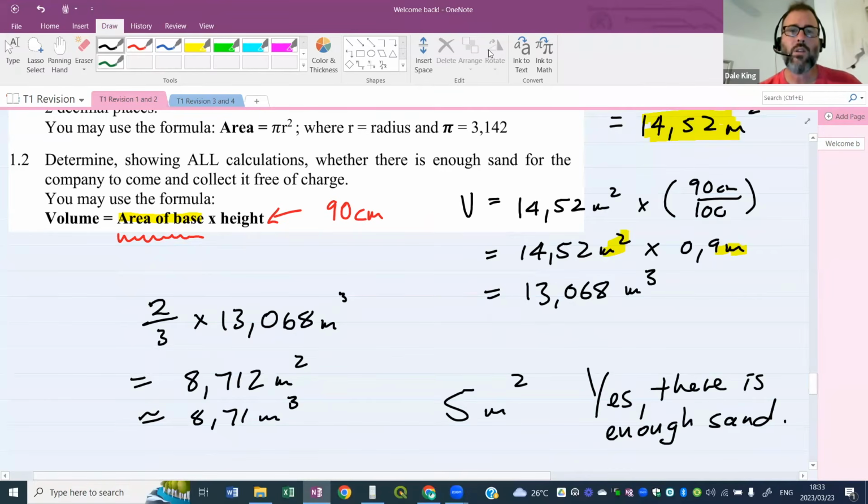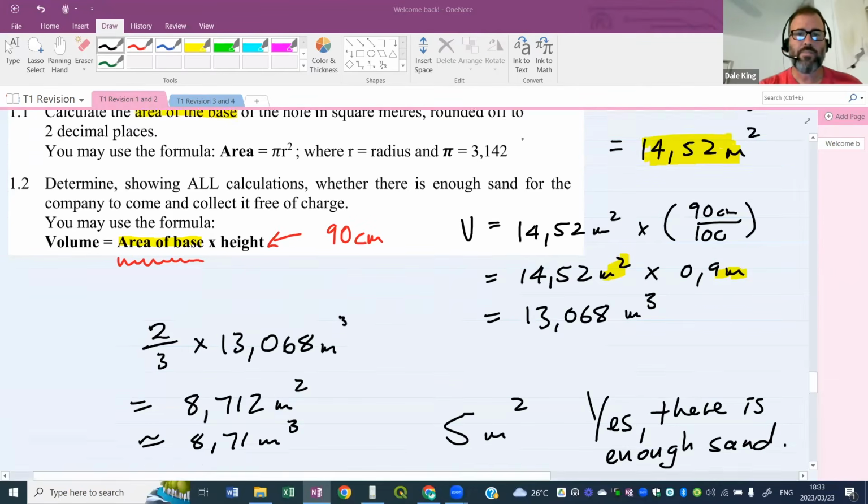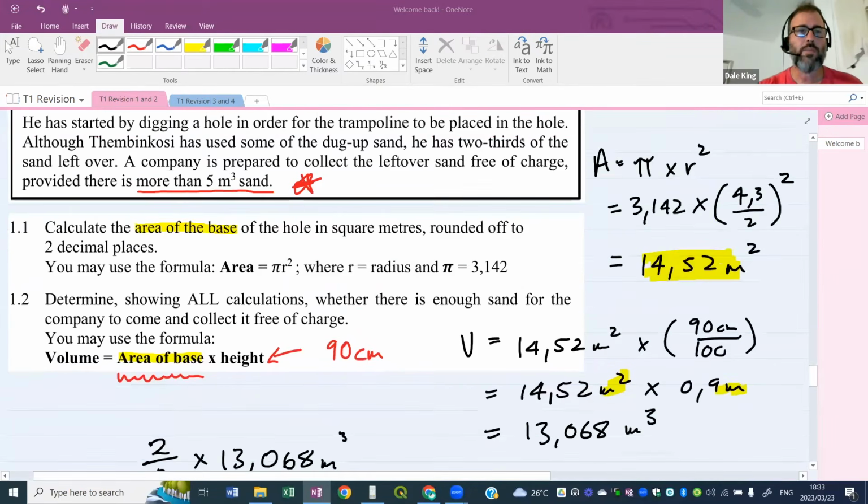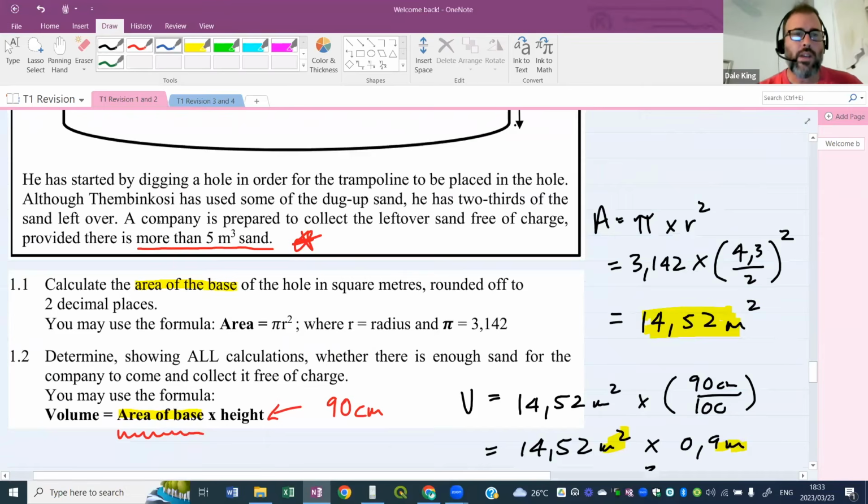Are there any questions about where does the 2/3 come from? Cody. All right, thank you for that question. So if we go up to this, they say over here, he started digging a hole. Although he has used some of the dug up sand, which is the whole volume of this hole, he has 2/3 of the sand left over.